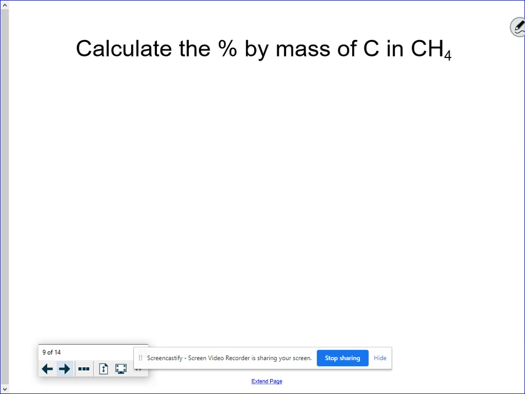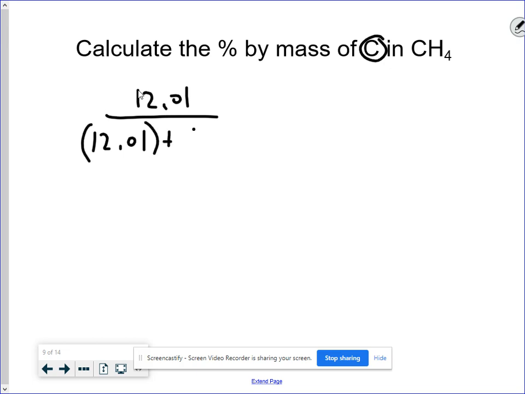So it's pretty easy to do. All you have to do is figure out the ratio of carbon to the entire substance. So carbon has a molar mass of 12.01, right? There's just one of carbon, okay? And we're going to put that over 12.01 for carbon, the total molar mass, and 4 times 1.01.